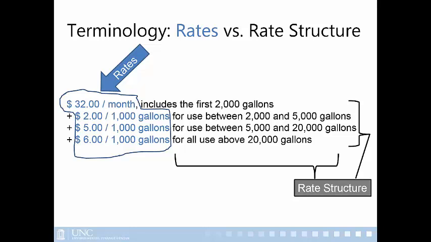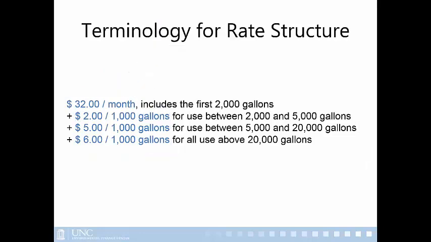So how many different levels, how many different blocks, do you use a block rate structure or do you use uniform rates? Do you have a base charge? Do you include a consumption allowance? Those design aspects of the rate structure itself are what we'll be focusing on in today's webinar. And we'll save the discussion about rates for another day.